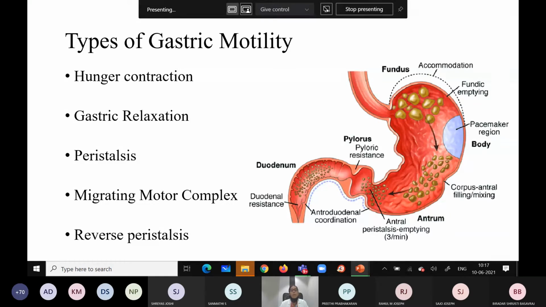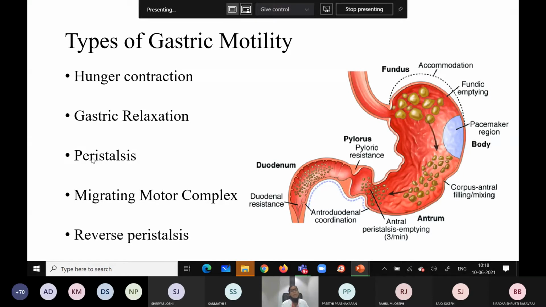So whenever you are chewing something or still in the deglutition phase, our stomach starts relaxing, to accommodate whatever you will be ingesting or swallowing. This is called gastric relaxation.